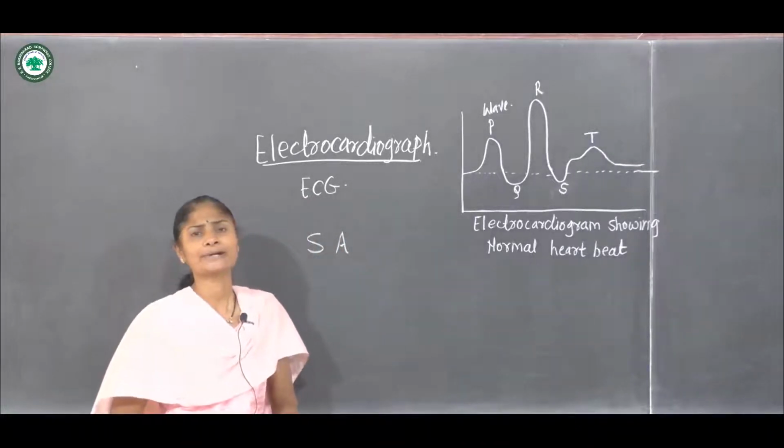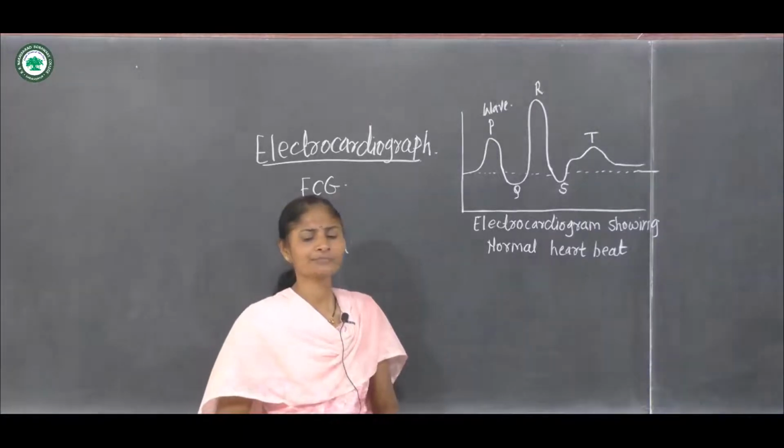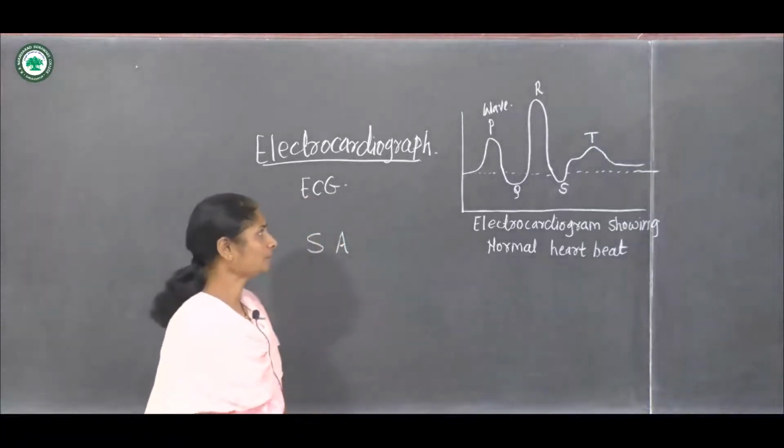The electrocardiogram of man shows a series of waves. The ECG has 5 waves.